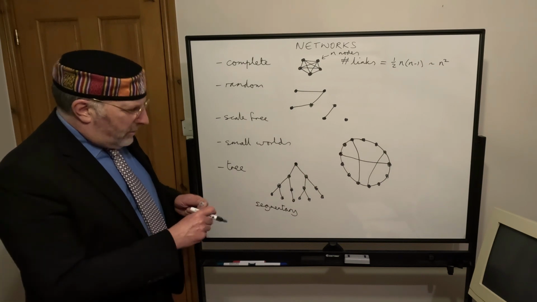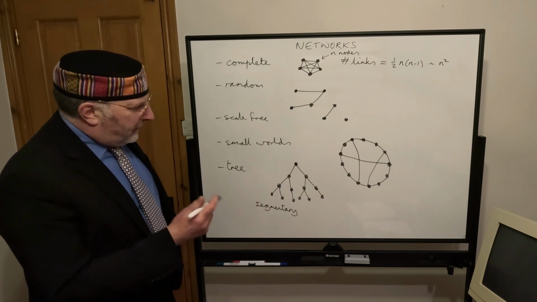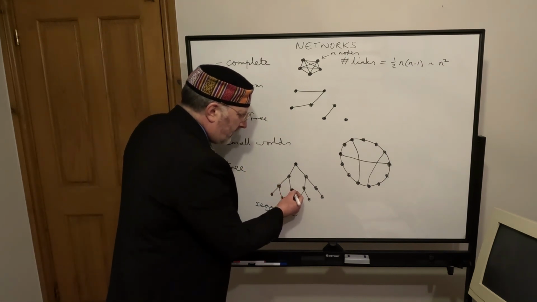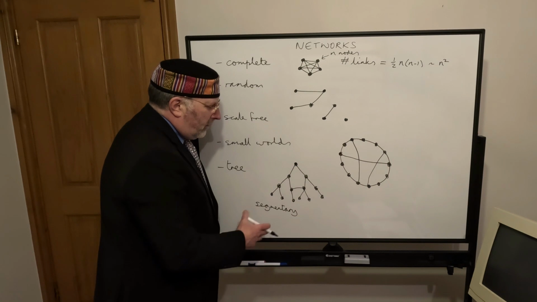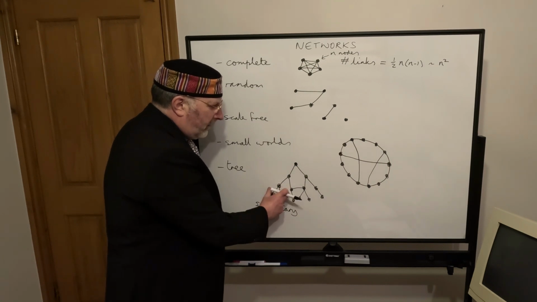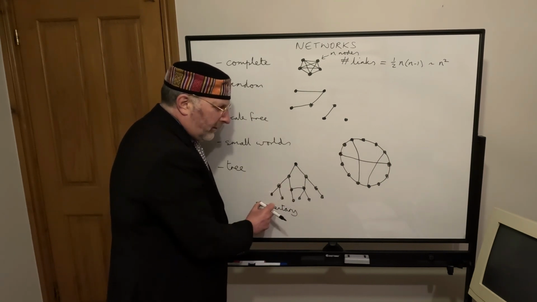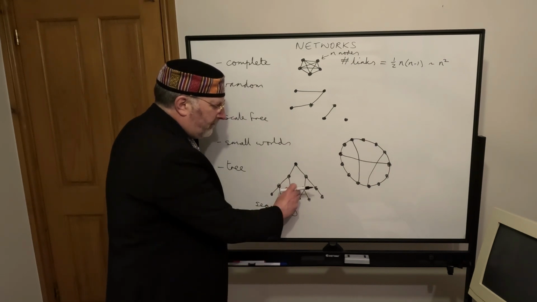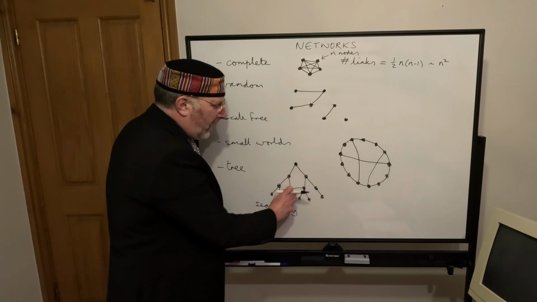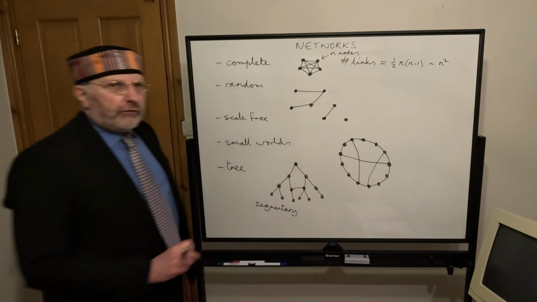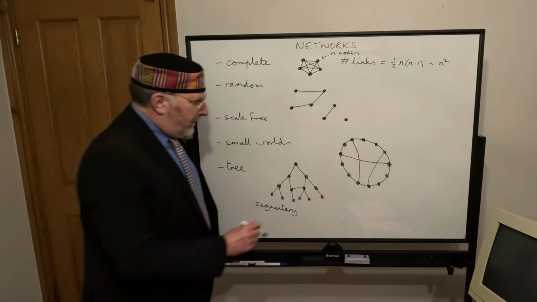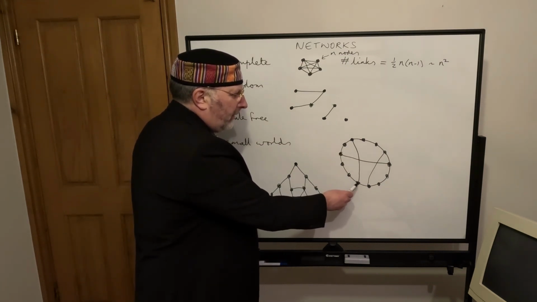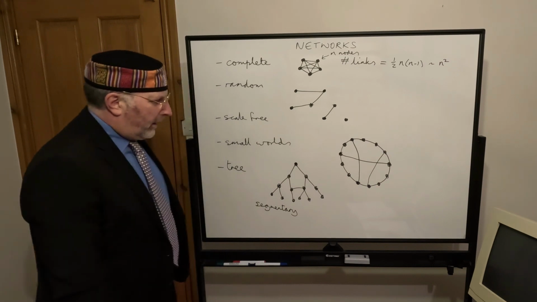And then what happens in these as well is that there are cross-cutting ties. So a man from this part of the diagram marries a woman from that part, and she provides a cross-cutting tie between two branches of the tree. It's a bit like these short circuits in the Small Worlds network.